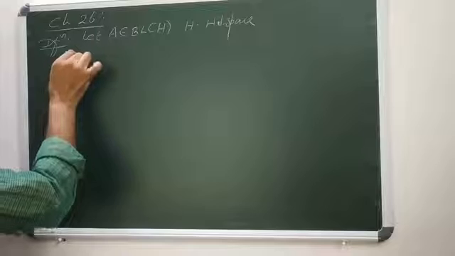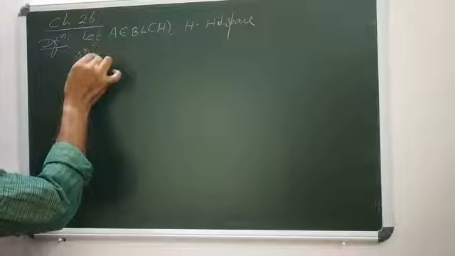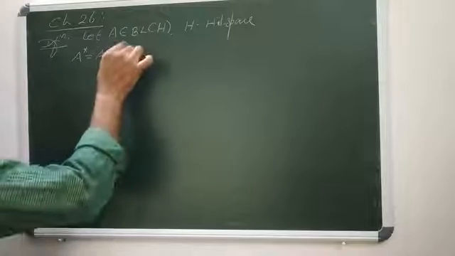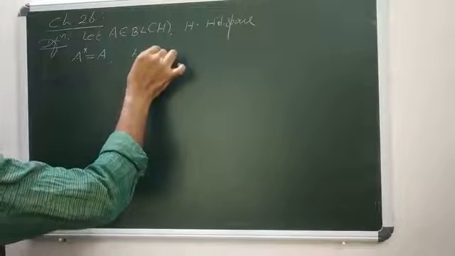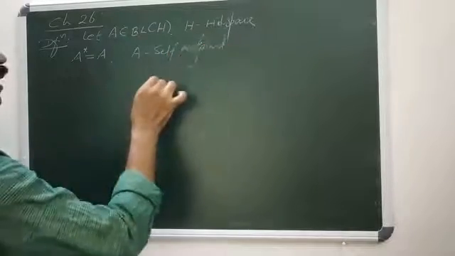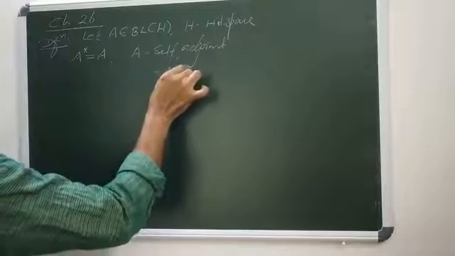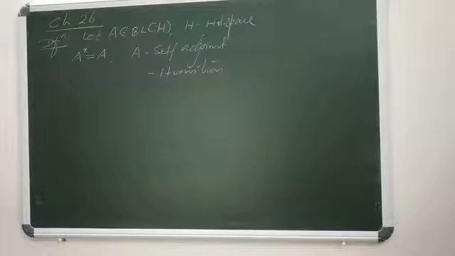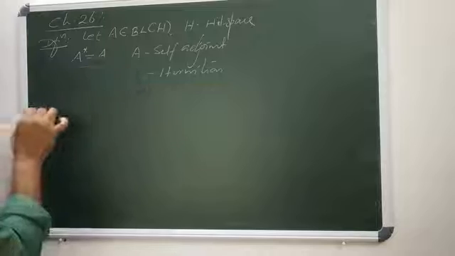Then, if A satisfies the condition A star equals A, where A star is the adjoint of A, then A is said to be self-adjoint, or A is said to be Hermitian. Another name is Hermitian. That is, if A star equals A, then A is self-adjoint.